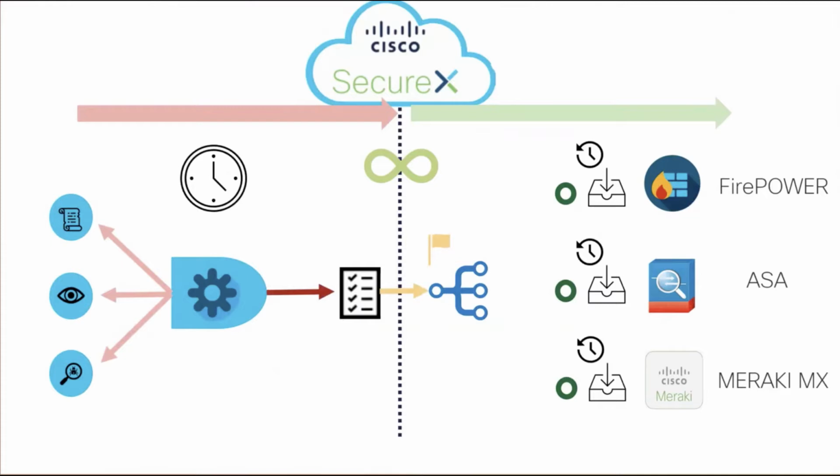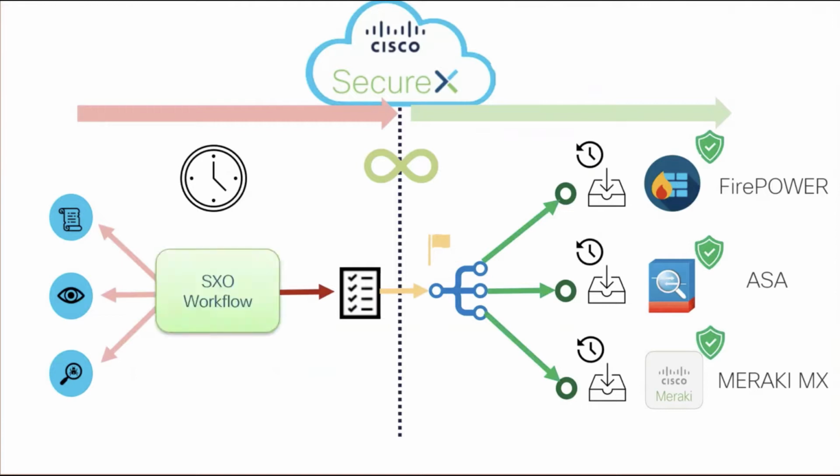A flag will be put up in order to inform all firewalls that updates have to be downloaded, and all firewalls will be able to download this new IP blocking list and translate it into blocking rules.